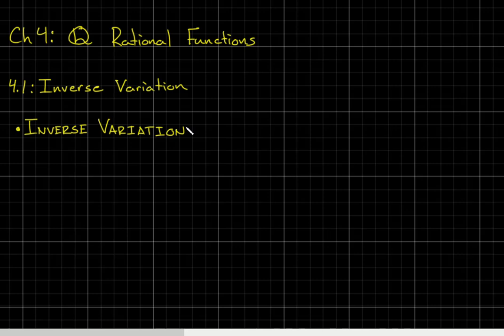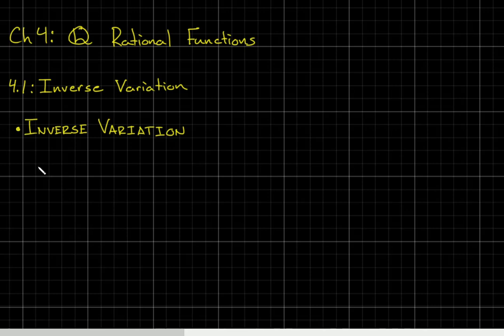So do you guys agree that if I was looking at just momentum, and if you don't recall, it's okay, it's the mass of an object times its velocity. If I increase the mass, does the momentum go up? If I increase velocity, does the momentum go up? Yeah, so those two things, they vary directly, is what we would say. As one goes up, the other one goes up. Or if one goes down, the other one goes down. When we start looking at inverse variation, it just switches between one of these.